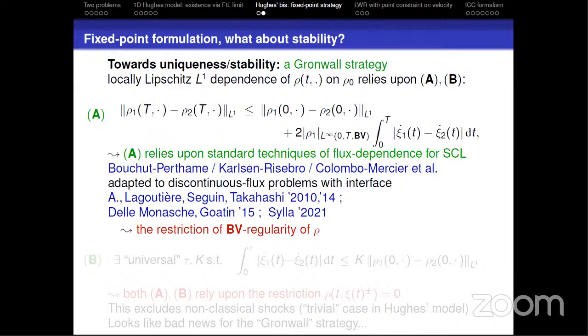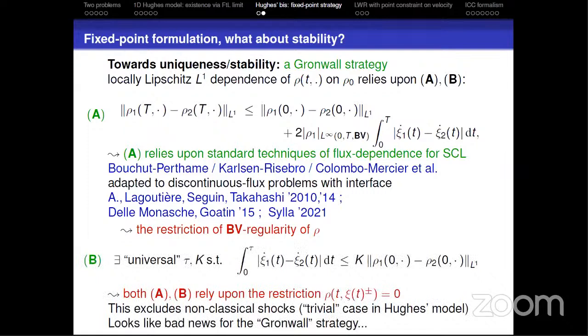And it doesn't work. It doesn't work because the operator B that defines psi from rho does not have this nice property. But it has an even nicer property, actually extremely restrictive, much more restrictive. There exist some universal tau and k such that on some time interval from 0 to tau, the whole contribution of the integral here is just bounded by the difference of the initial data.